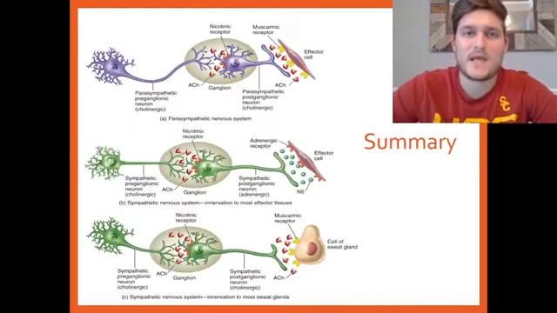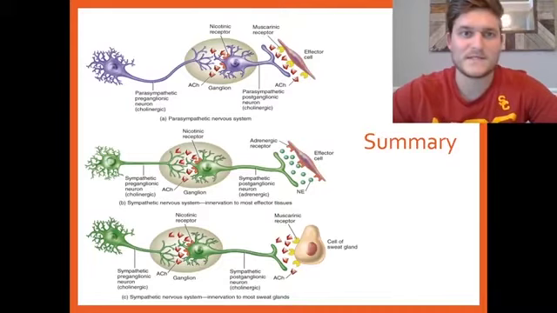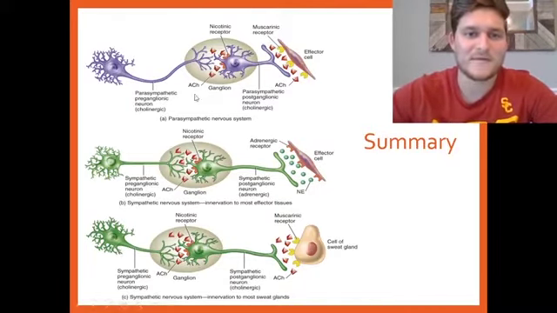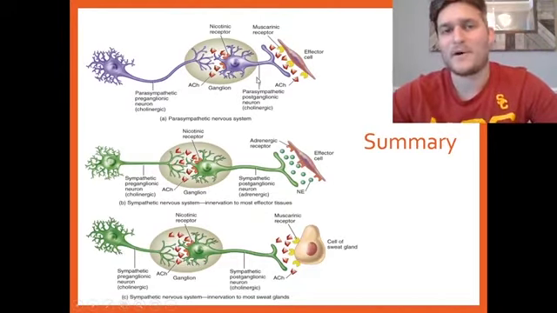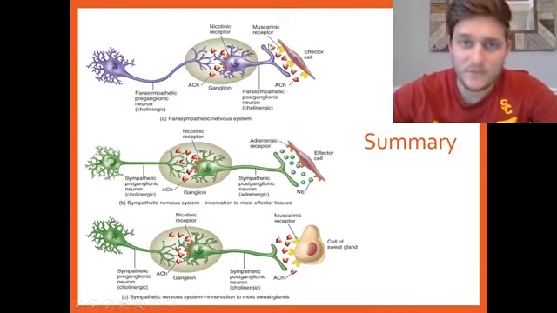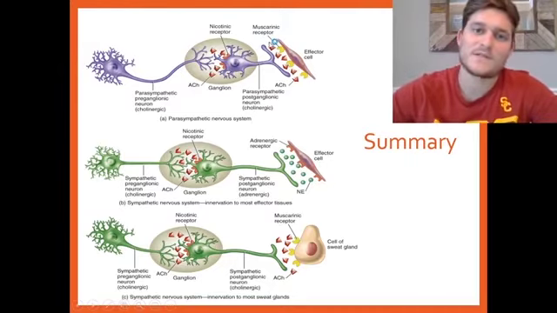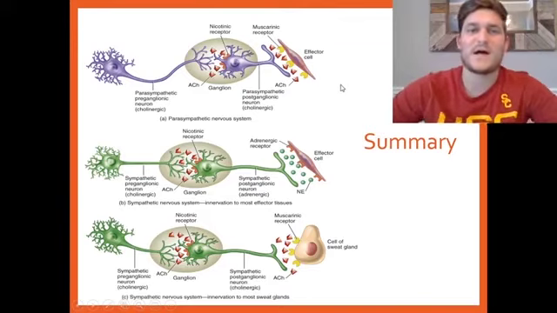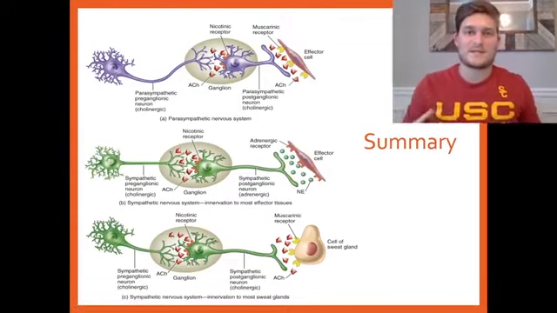Here we could see a summary of the autonomic nervous system. Up top we have the parasympathetic branch, where preganglionic neurons release acetylcholine, which activates postganglionic parasympathetic neurons that also release acetylcholine. And when those acetylcholine neurotransmitters bind to cholinergic receptors on target cells, it promotes rest and digestion.